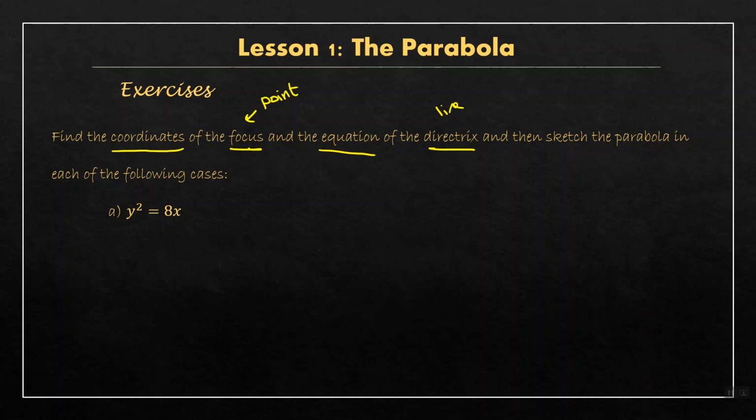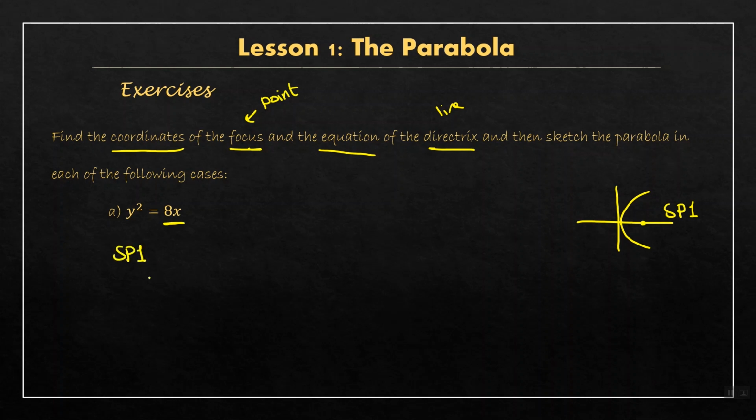So which standard position is this one? You can look at this side and decide from here. This is a positive x. So as long as the focus is in the positive x, the parabola is going to enclose the focus like this, and this is going to be standard position number 1.